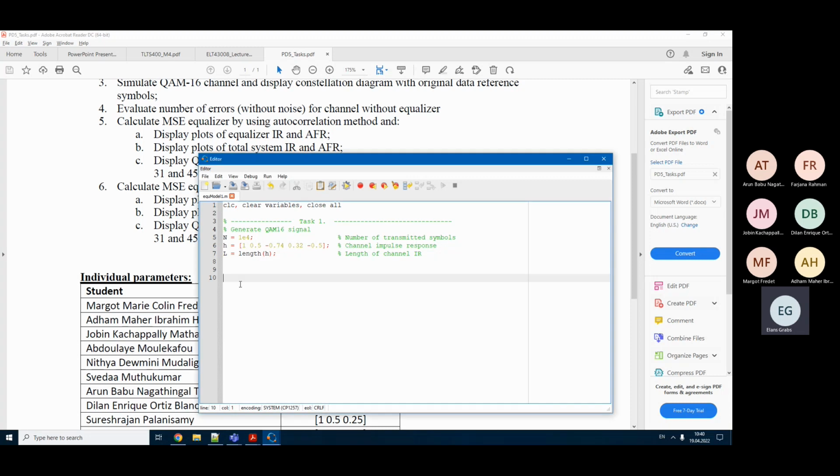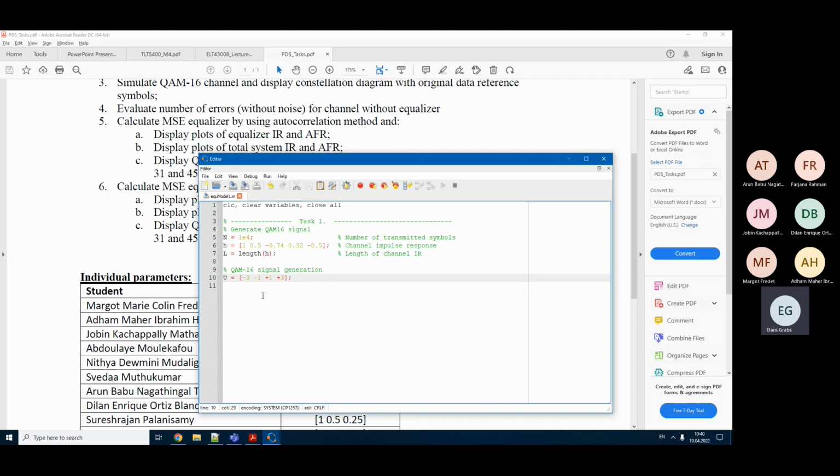So let us specify first this QAM-16 signal generation. Let us specify first the possible amplitude values, which are -3, -1, +1, and +3.